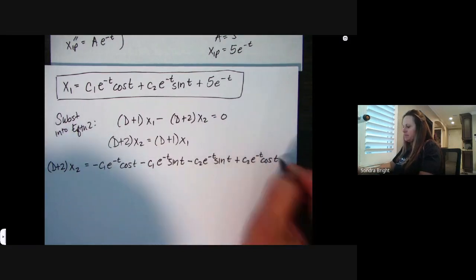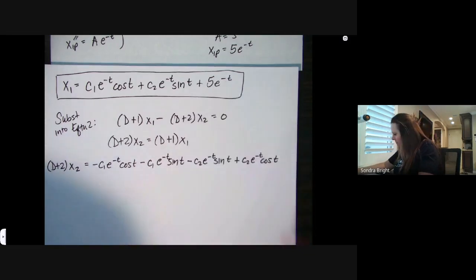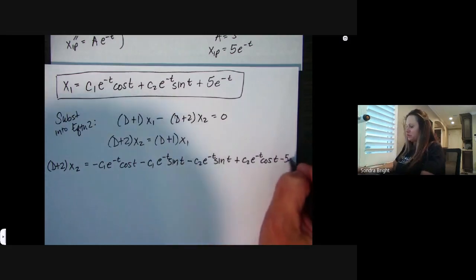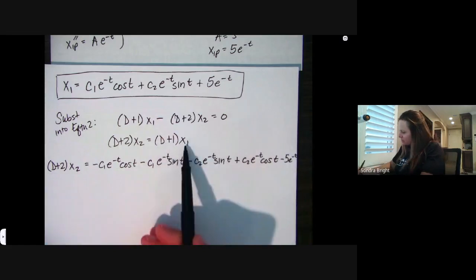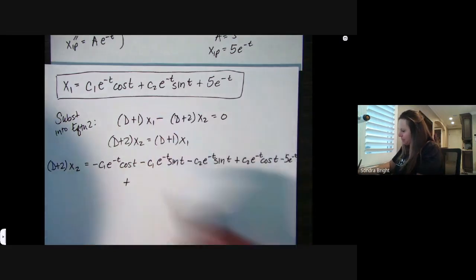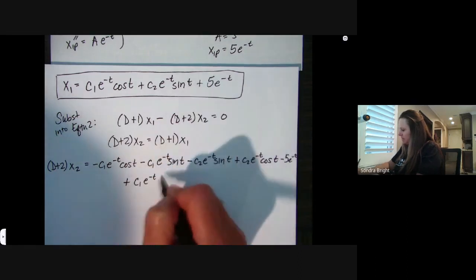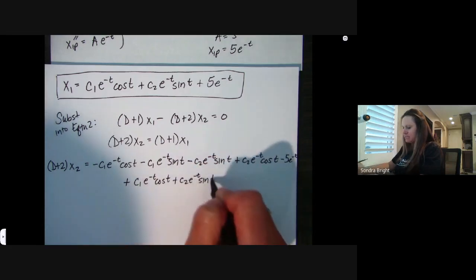Derivative of the 5e to the negative t would be minus 5e to the negative t. That's just D operating on x1. And then you'll have a plus x1. So I've got a plus this whole thing: c1 e to the negative t cosine of t plus c2 e to the negative t sine of t, and then plus 5e to the negative t.